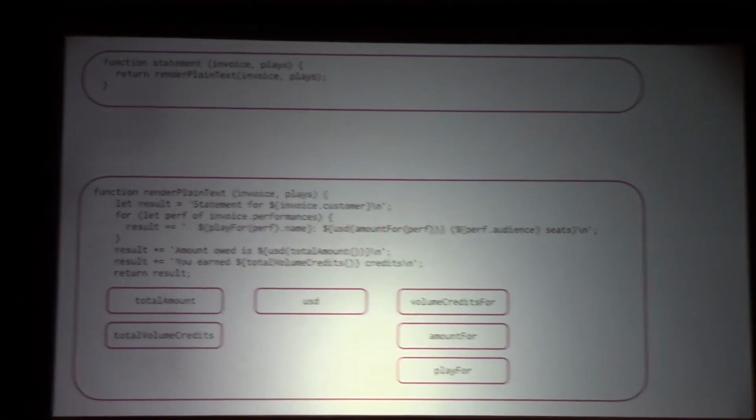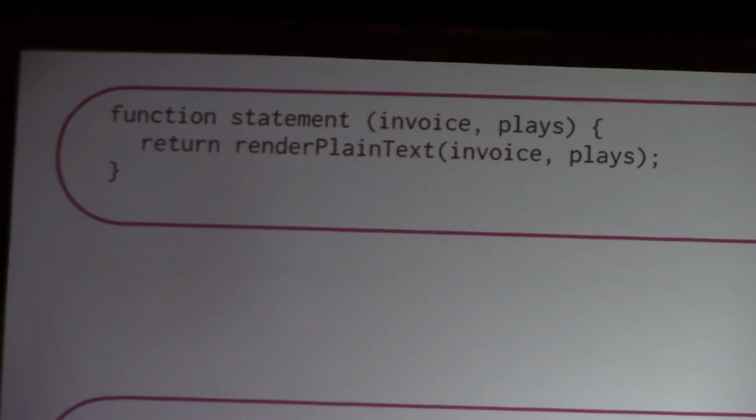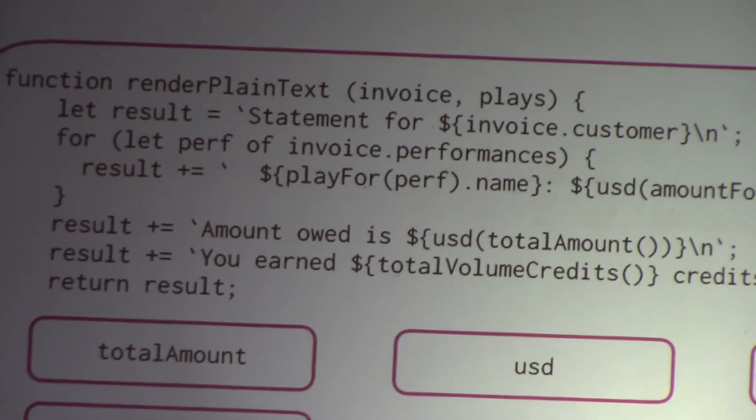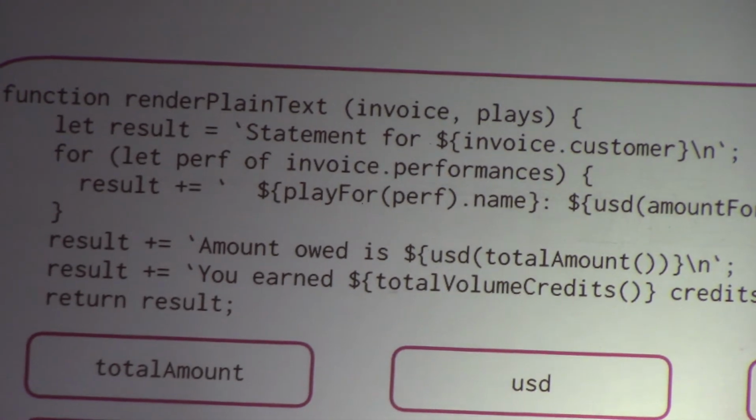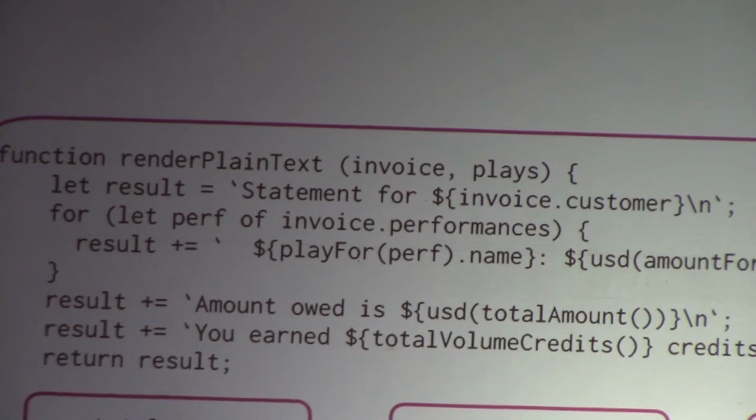So let's go through the split phase refactoring and how that works. Basically we begin with the statement that we have. The first thing we do is we extract the entire content of the statement into its own function, which seems like a silly waste of time, but trust me, this is the good first step. So now we've got all of this code separated into its own function.